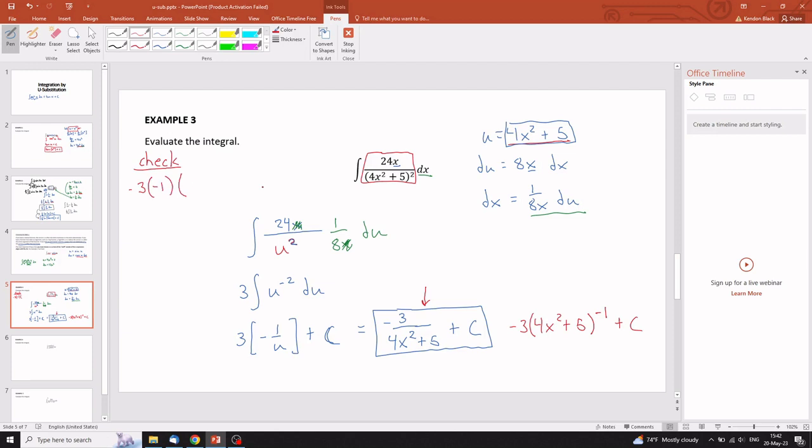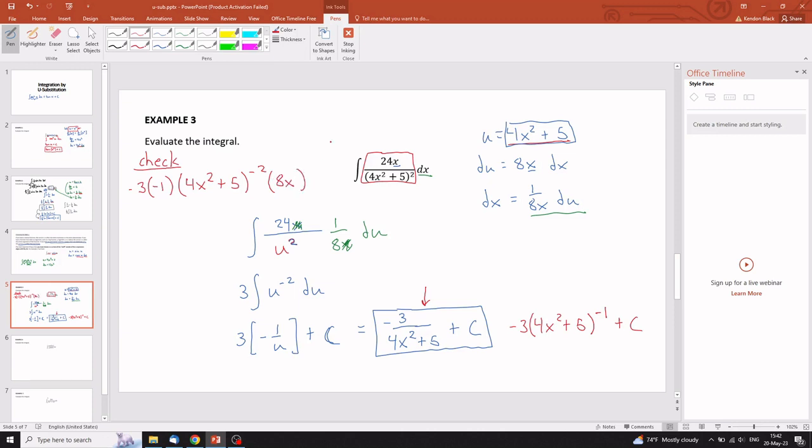And then we have 4x squared plus 5 to the negative 2. We subtract 1 from the power. And then, based on the chain rule, we have to multiply by the derivative of the inner function, the derivative of 4x squared plus 5, which would be 8x.